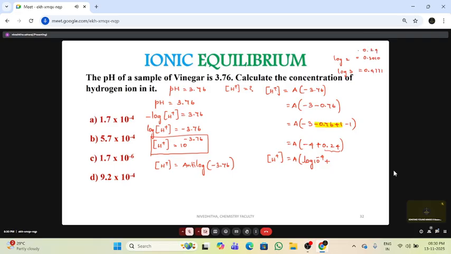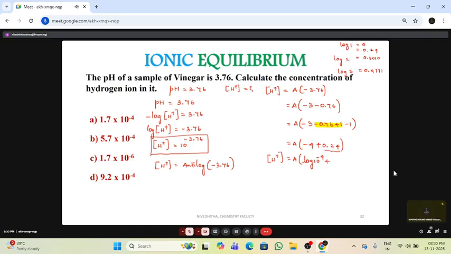Somewhere here. And we know log 1 is 0, right? So, if the value is 0.24, then what will be its log? Somewhere between 1 and 2. Could you please tell me between 1 and 2 what will be its log?